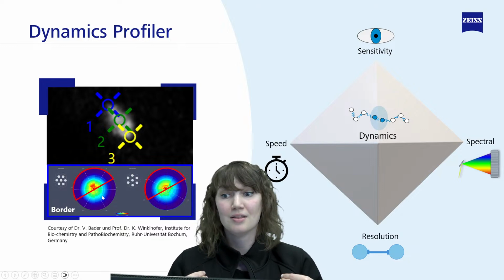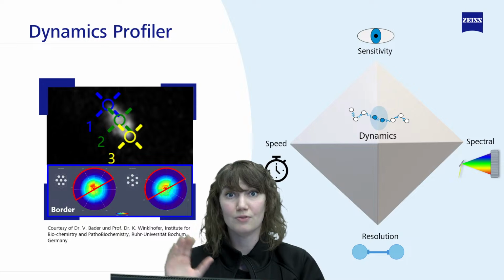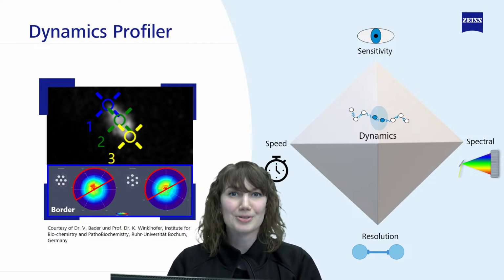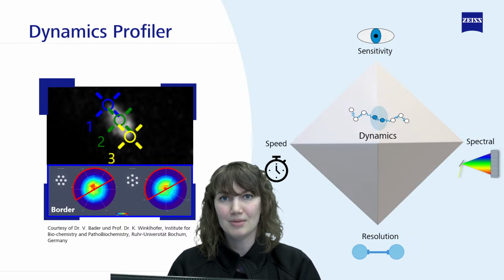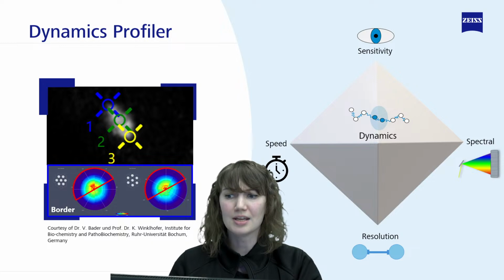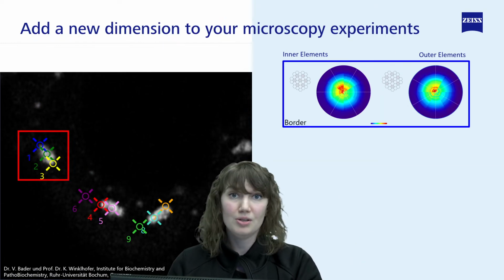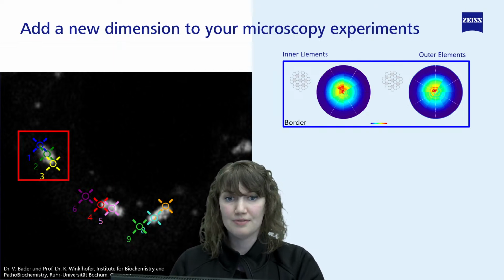So anybody that is looking at things like condensates and is really interested in how things are diffusing differently, or the kinetics are different among the barrier of your samples and your organelles in your cells, absolutely reach out. We would love to get your samples here at the Customer Center in the Bay Area and see how easy it is to measure with Dynamics Profiler and get these readouts where you can start to see differences that really would not have been possible to measure before with traditional FRAP or FCS methods.